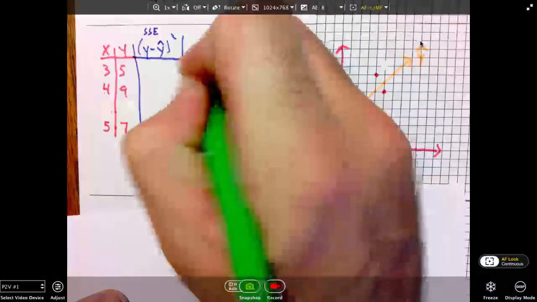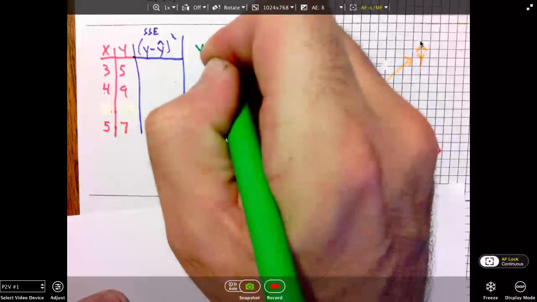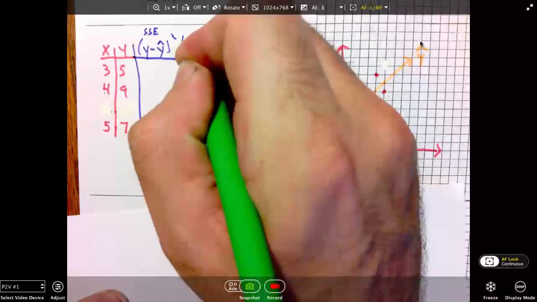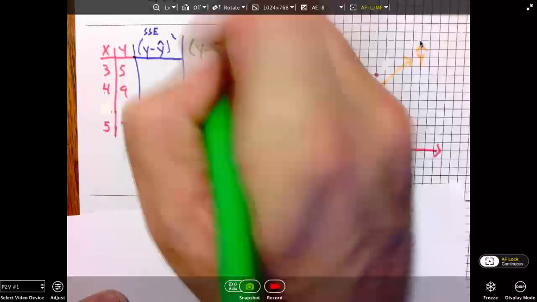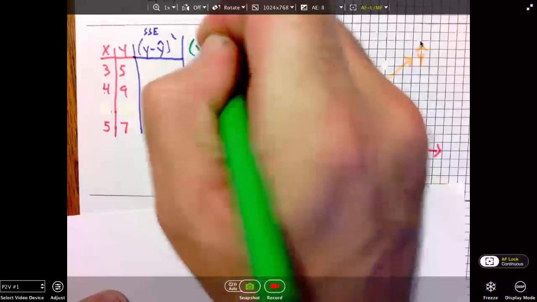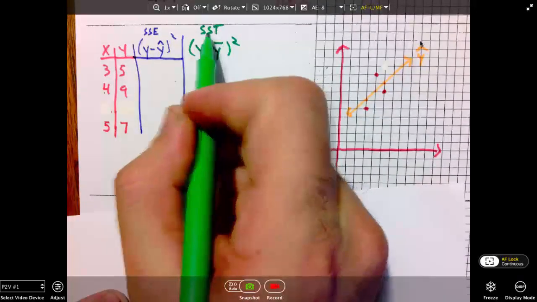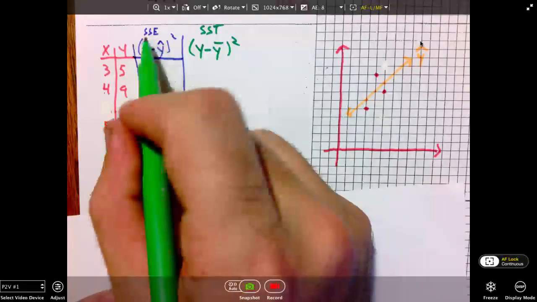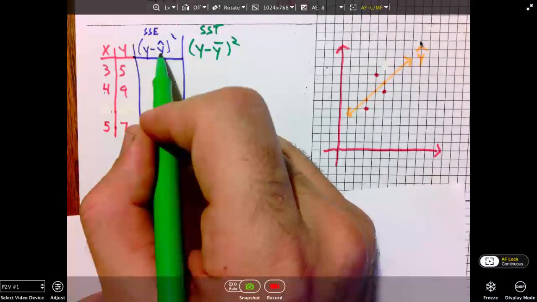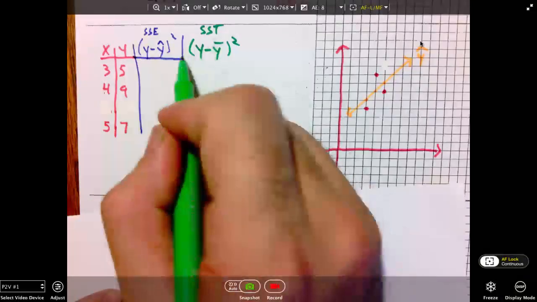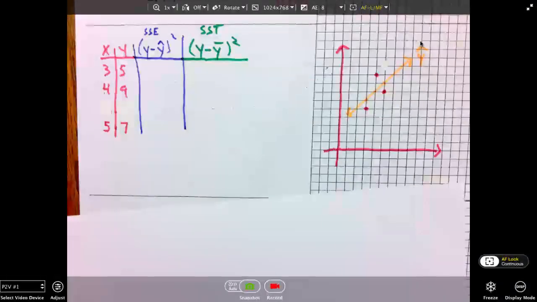Next, y minus y bar quantity squared. This is the SST. This is the total sum of the squares about the mean. This is the sum of the squares, the square errors, the residual. Alright, let's calculate these.